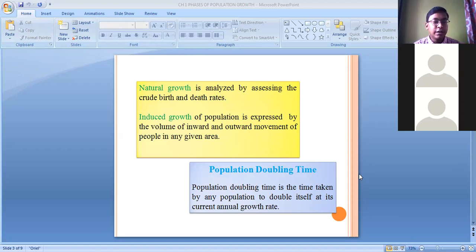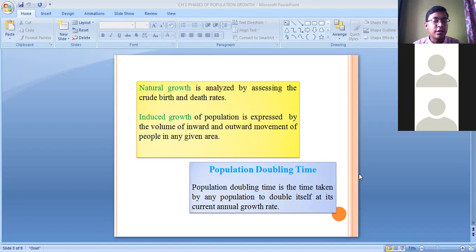So the time taken by a certain population to double itself at its present annual growth rate is known as the population doubling time. These are the different important terms which we need to know before we start with the phases of population growth. In our country also, the natural growth and the induced growth have influenced the population growth rate.